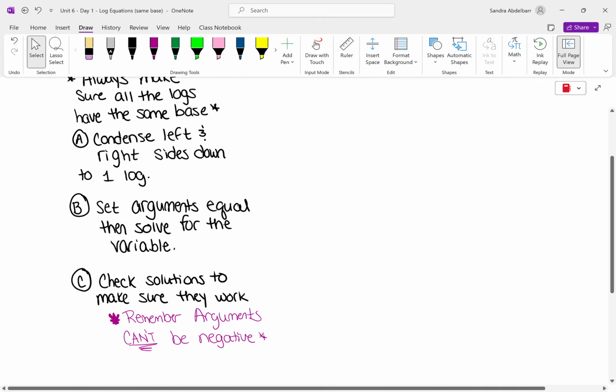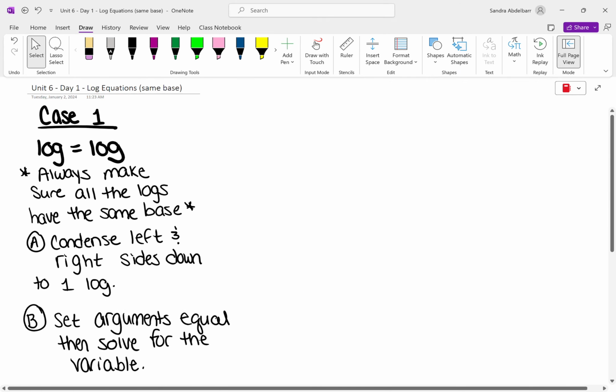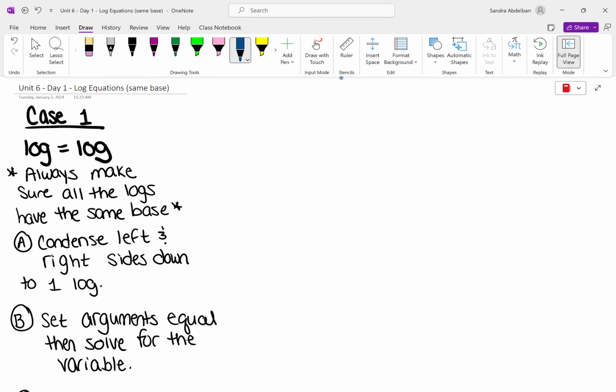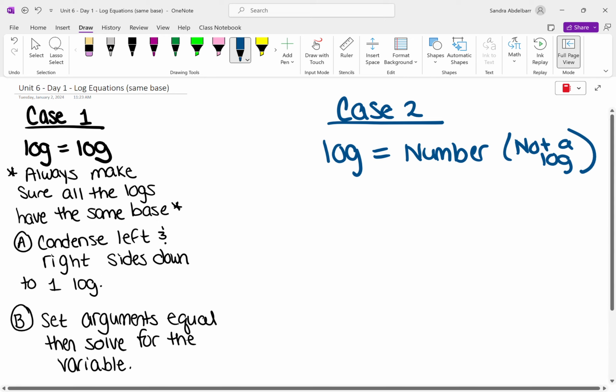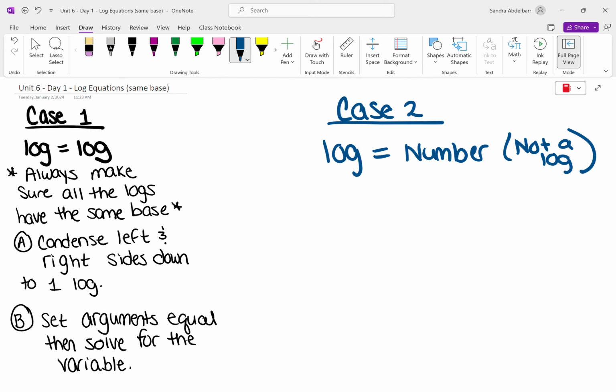There's another scenario when a log equals a whole number. So when a log is equal to a number, not a log equaling another log. Once again, we want to make sure all logs have the same base.